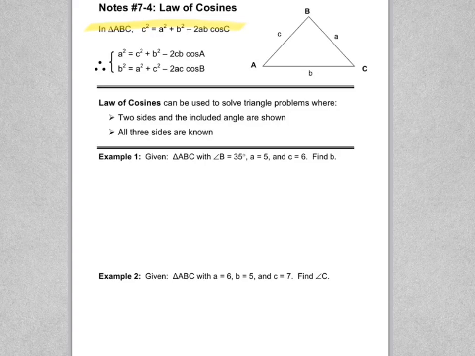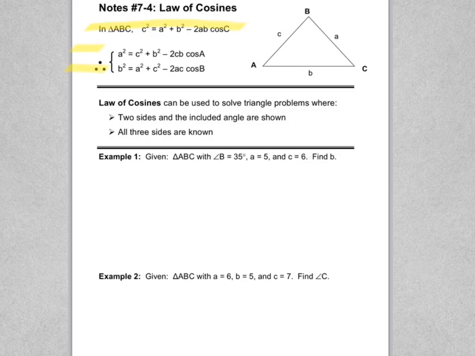Then if you know a squared, these are also law of cosines, right here and right here. A squared is equal to c squared plus b squared minus 2cb cosine A. So if you can see a pattern, when you're looking for c squared, you use a and b and subtract 2 times those same two sides, and then times the cosine of the angle you're looking for.